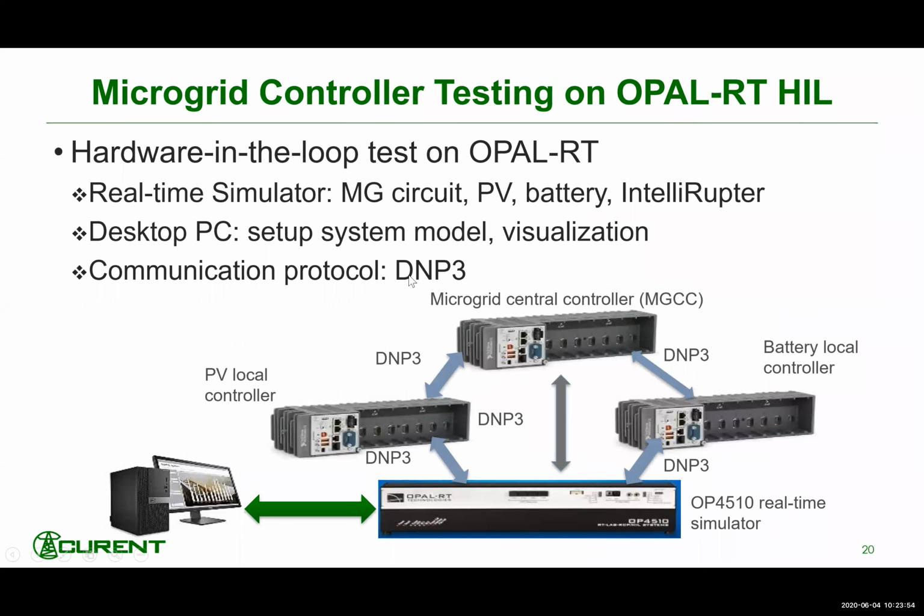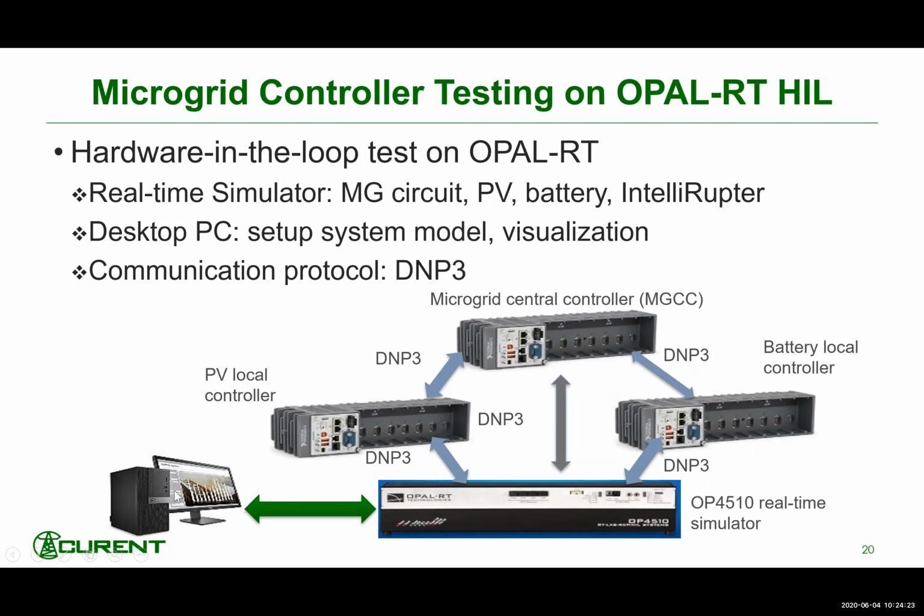Okay, so let me quickly introduce the controller testing on the all-party HIL test platform. You can see the real-time simulator is able to emulate the microgrid circuit, the PV, battery energy storage, and the smart switch, we call it interrupter. So the primary side, I mean the microgrid assets, are included in the real-time simulator.